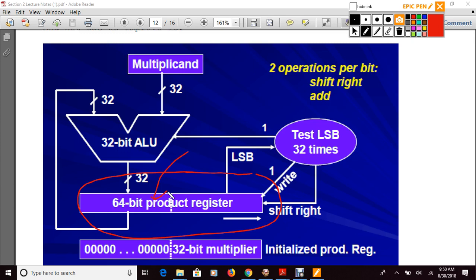Here we say shift right, right? We continue doing that for 32 iterations. Pretty straightforward. Since we understand what's physically going on, we can design a multiplier by just reusing this adder.